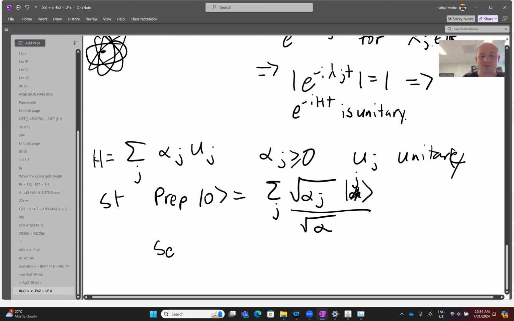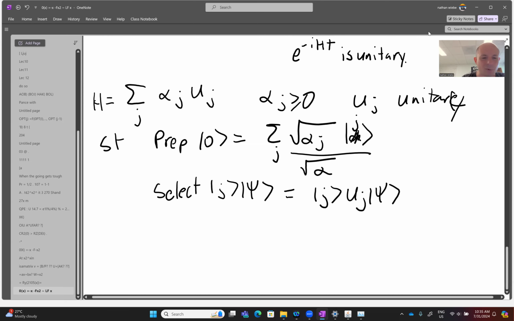And then we'll have a select operation, which when given a register that's of the form j and acting on some arbitrary quantum state over here, we'll just select the jth unitary and apply it to our quantum state.